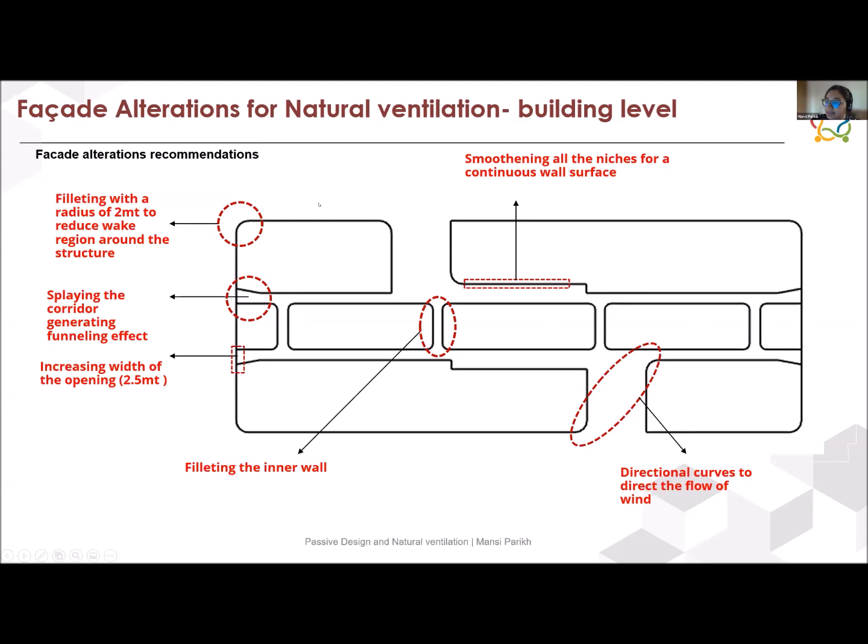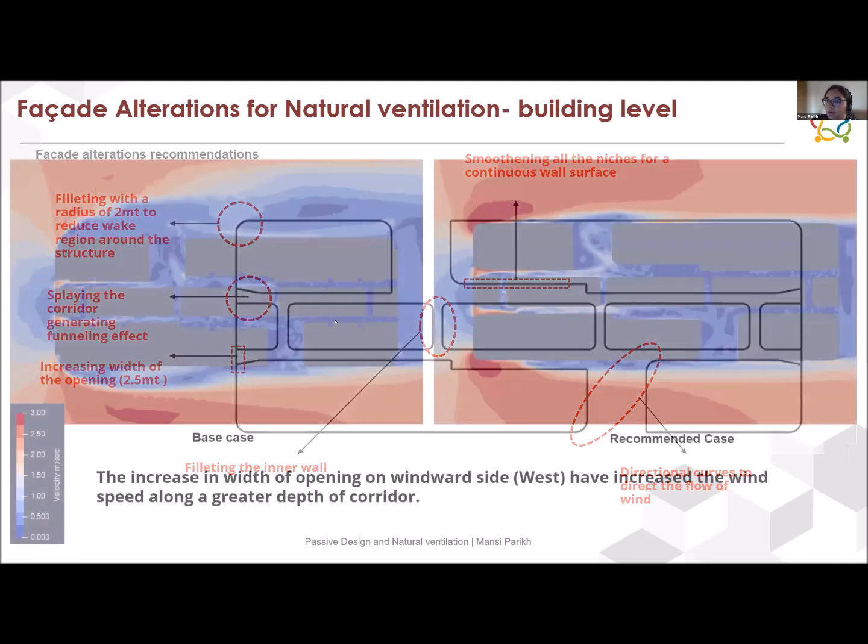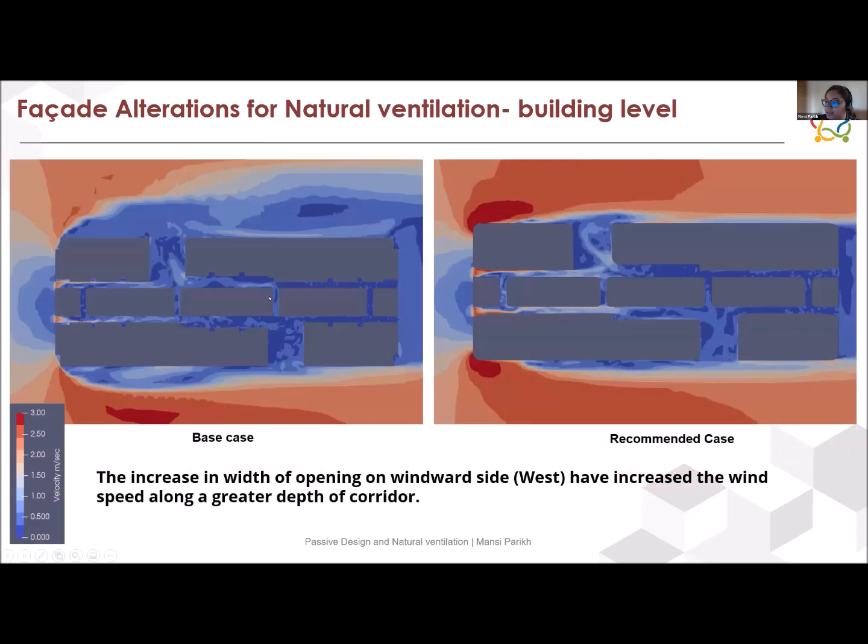Our next step was to see that if we make these changes, there is going to be a change in wind movement in the space. We conducted one more wind study. This is the base case, which we got directly from the client. Then we started incorporating these changes, as I showed in the previous slide.